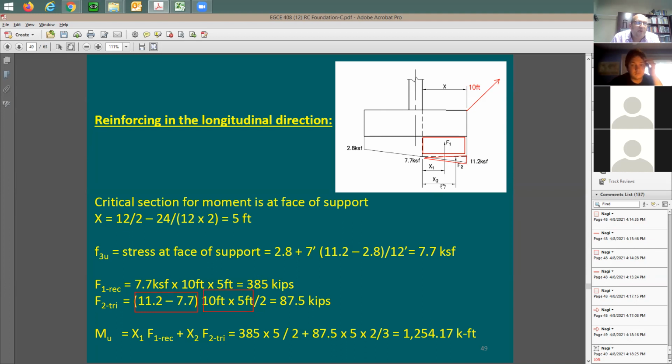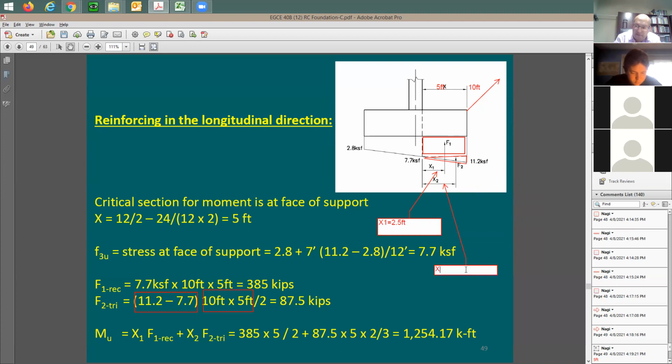The centroid, or the point of application of this force, is going to be at x1. And how much is this x1? If I tell you here that this x is equal to 5 feet, how much is x1? I need help. 2.5. 2.5 feet. How about x2? 3.33.